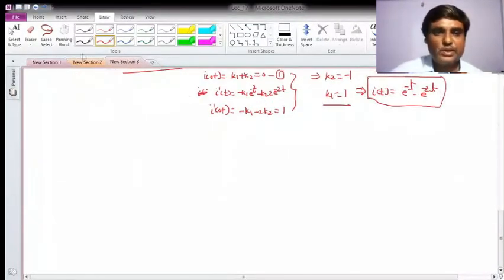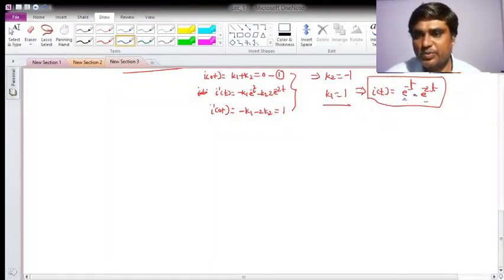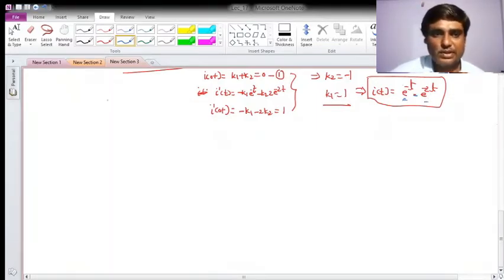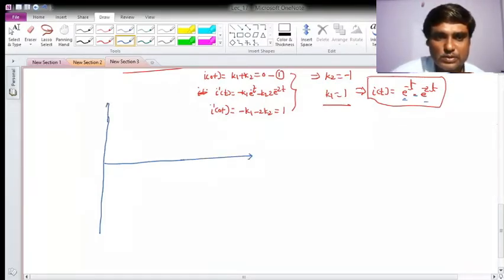Now let us plot it. I am observing there are two terms and all are damped exponentials. One is e raised to minus t, which is exponential decay. The other is also exponential decay with a negative sign. If I plot it, this is my I of t.